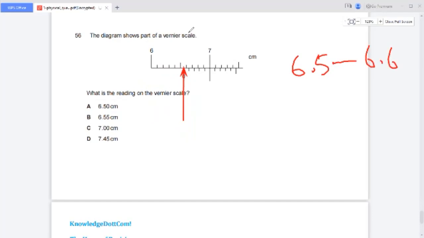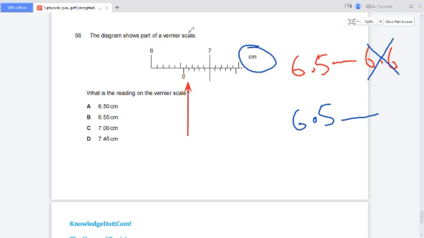We don't care about this number, so it is 6.5, keeping the rule for centimeters. Now we search for which line matches. See, the fifth one is matching with the main scale, so we put 5 here. So our answer is B.